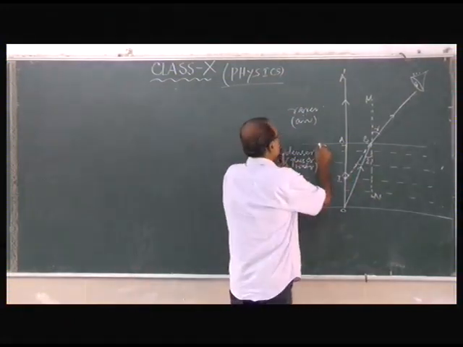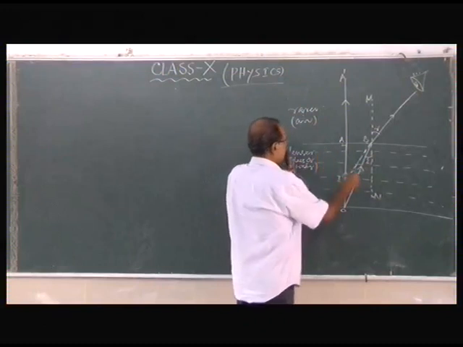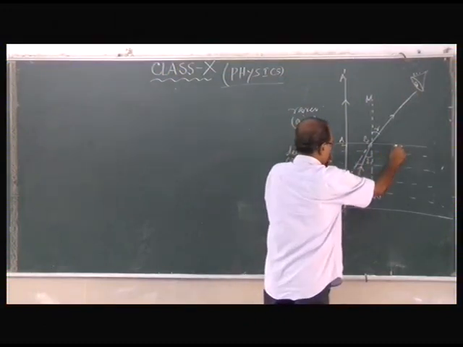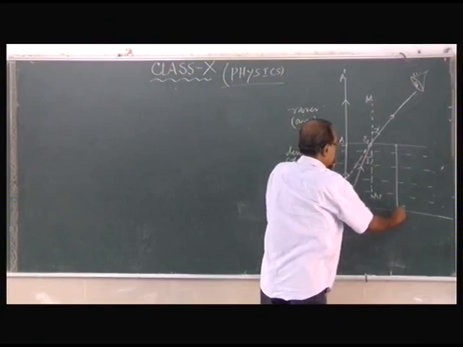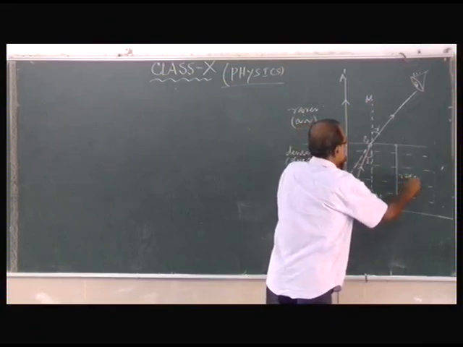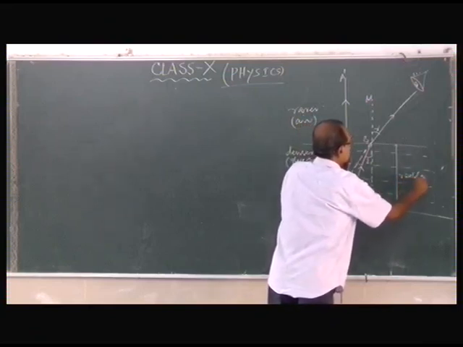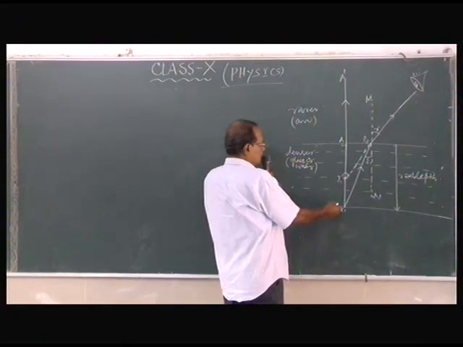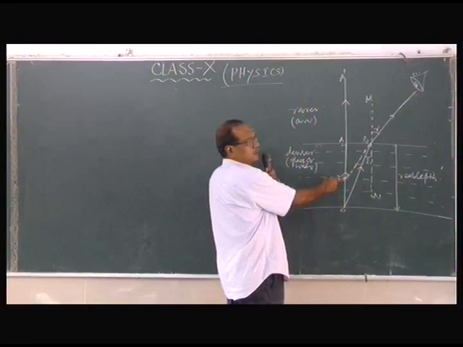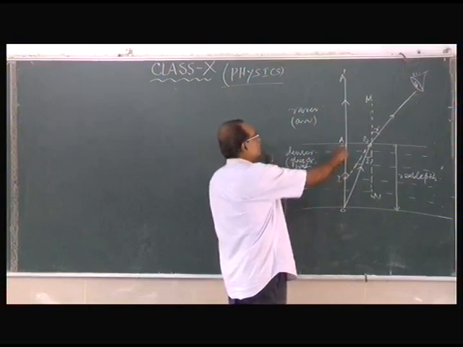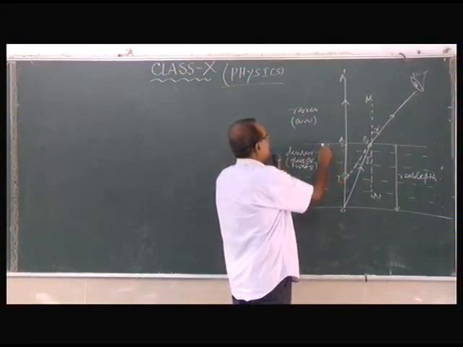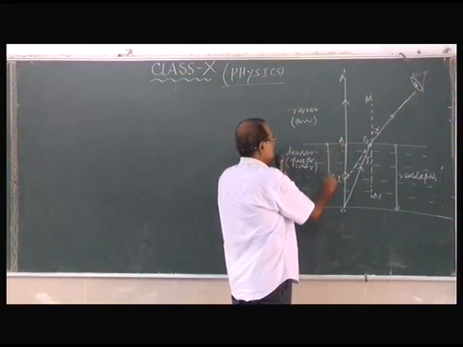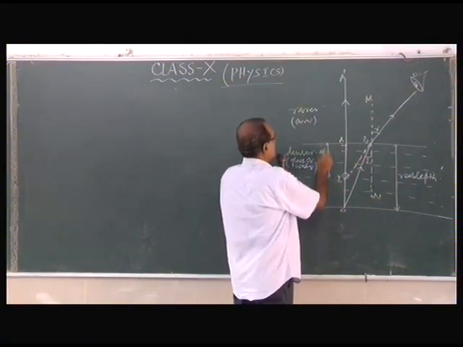Now this OA is the real depth. But the O is appearing at I. So therefore IA is what? Apparent depth. Apparent depth.